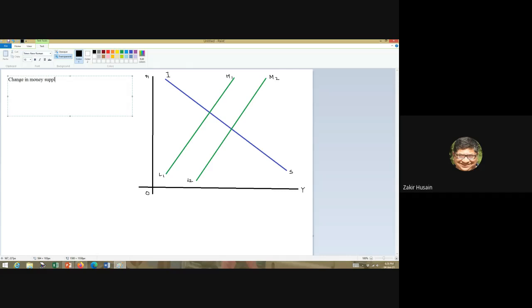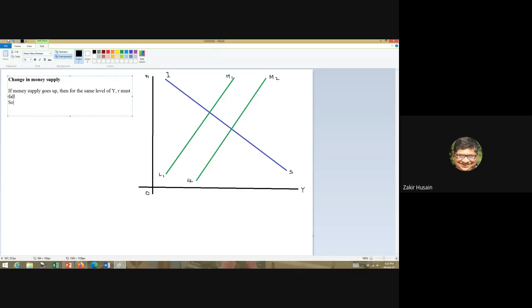So we are modeling a change in money supply. If money supply goes up, then for the same level of Y, R must fall.